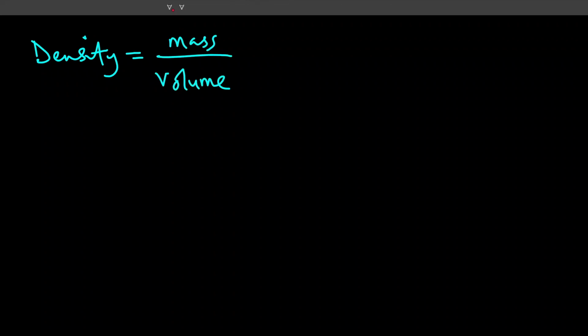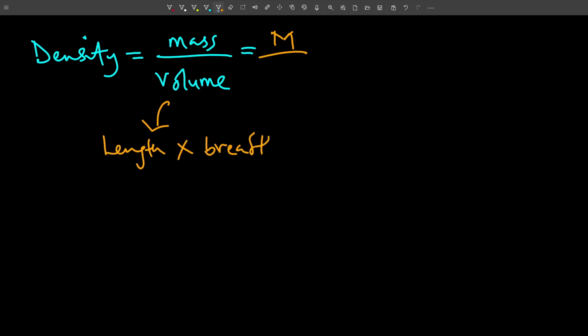Take a look at the dimension of a different quantity called density. Again, density is mass over volume. So what will be the dimension? Don't forget the dimension for mass is capital letter M. And volume means length times breadth times height.